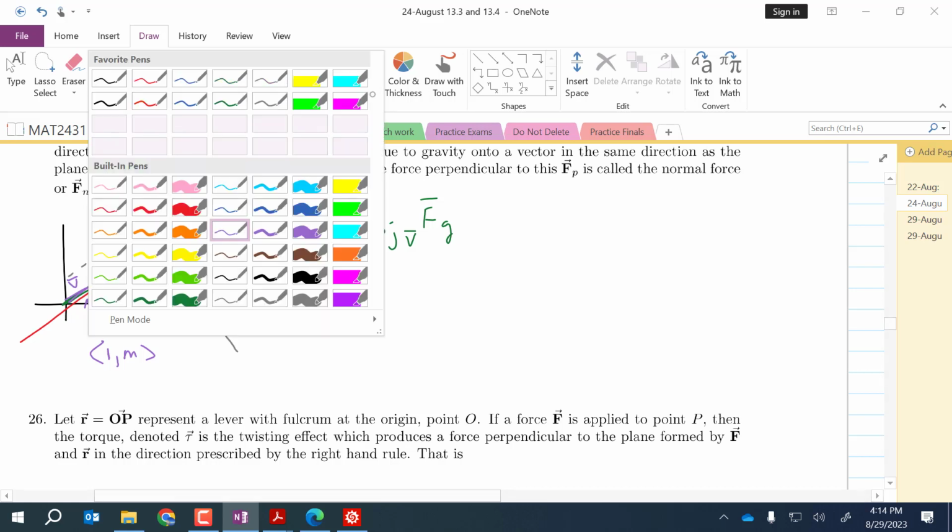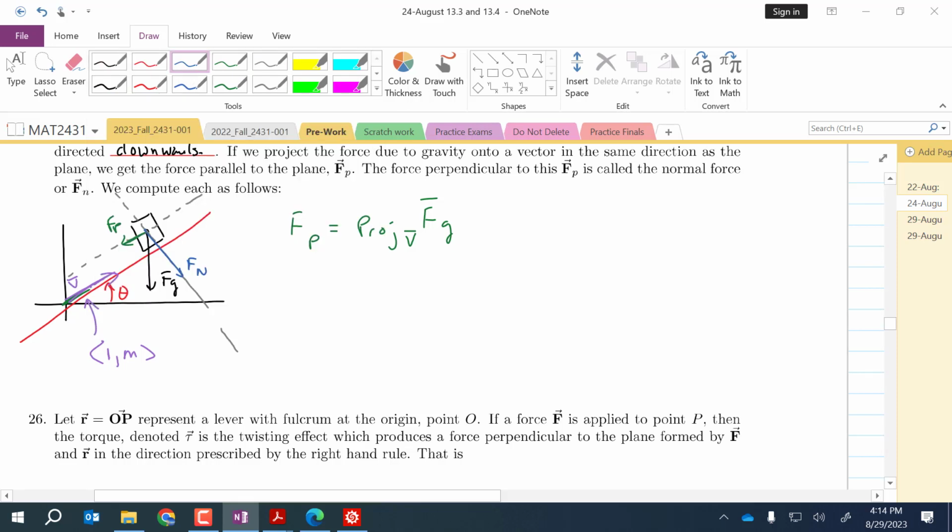Now, again, when I was trying to remember how to talk about this, I was thinking, oh, I'll come up with the equation of this line right here, and then I'll project the force due to gravity onto that line. Would that work to find this force normal? Yes, but it's working harder than we have to. How come?